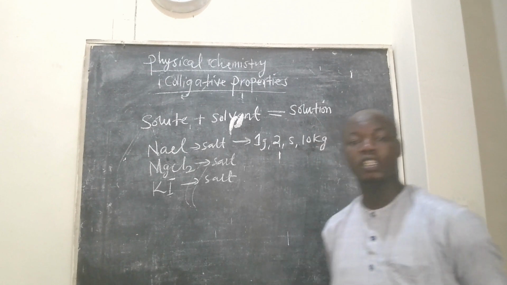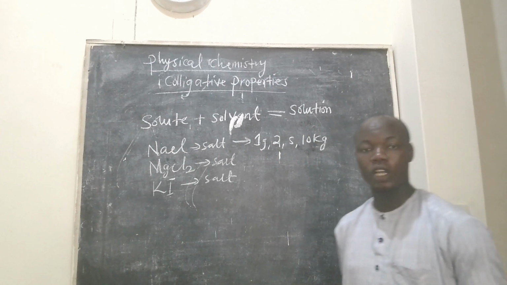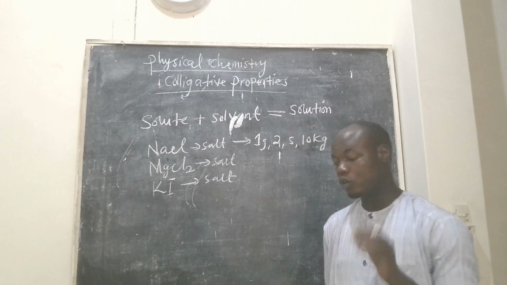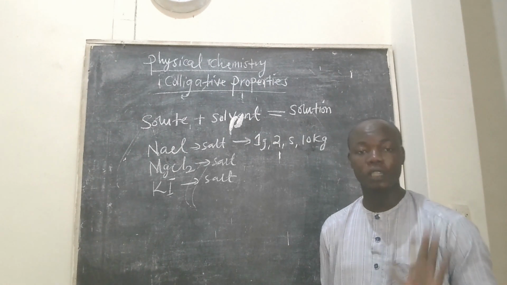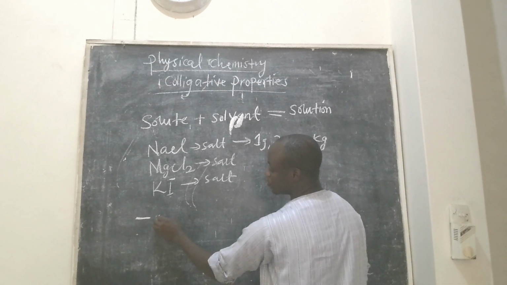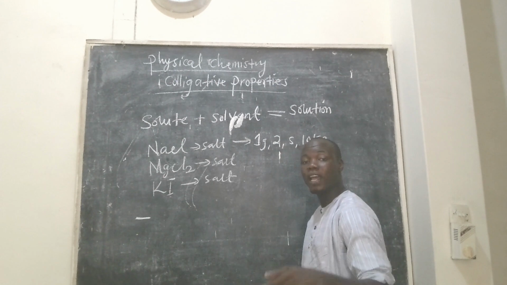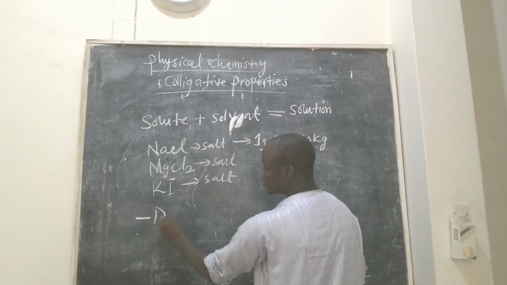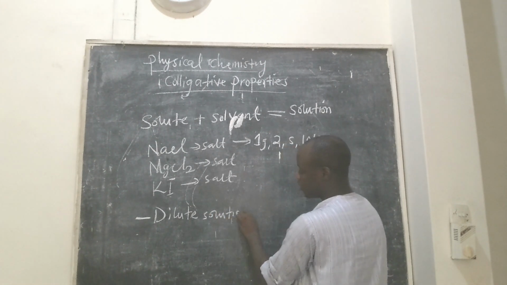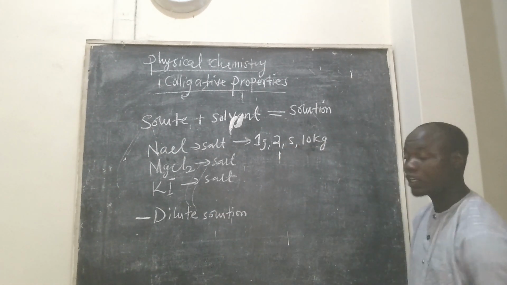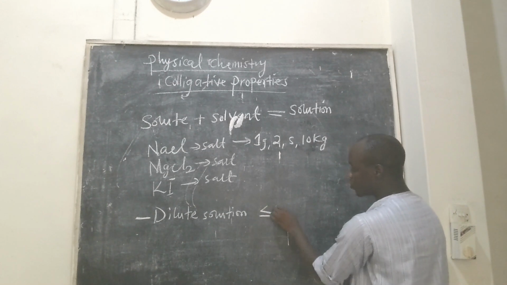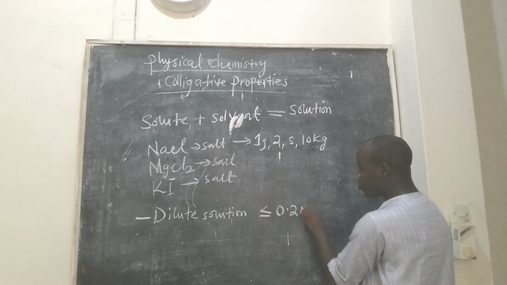So what are the conditions for a particular solution to undergo these colligative properties? Number one, the solution must be a dilute solution. So colligative properties apply under dilute solution. A dilute solution is a solution that has a concentration of less than or equal to 0.2 molar.